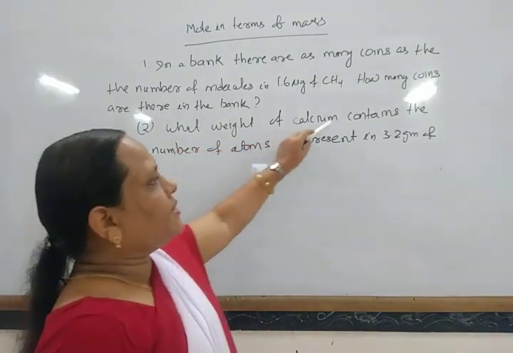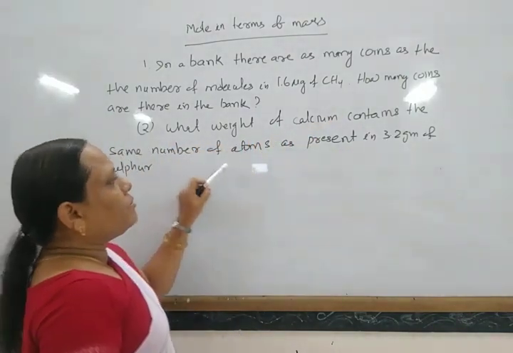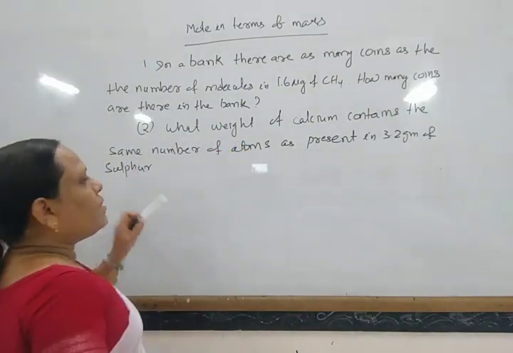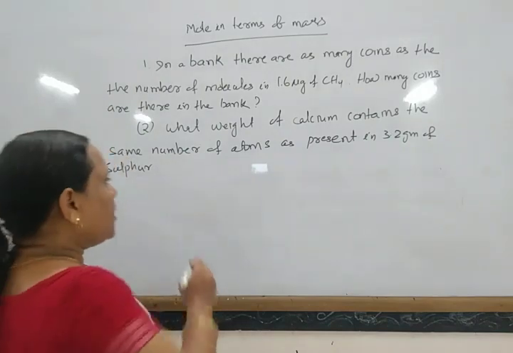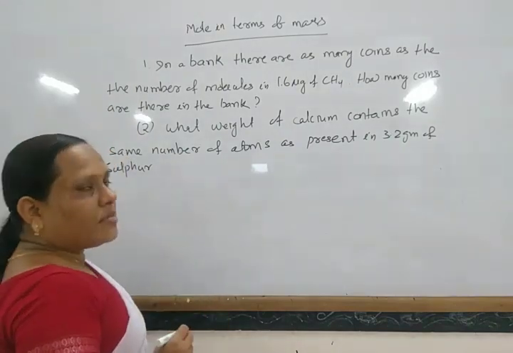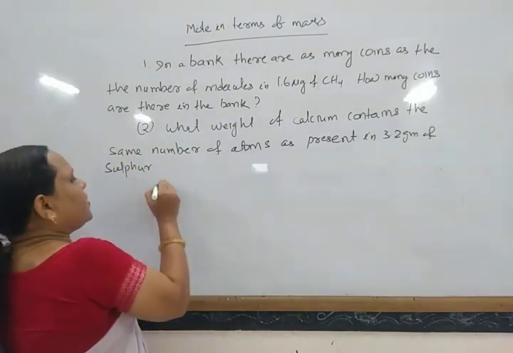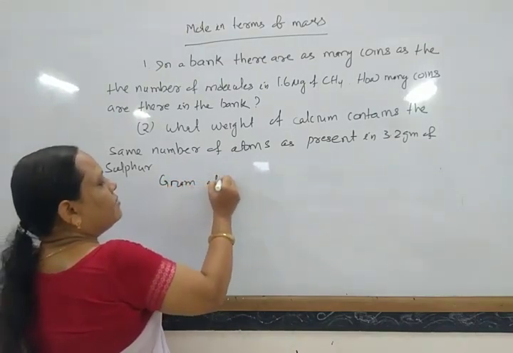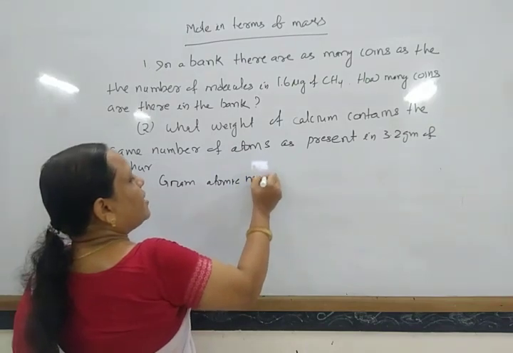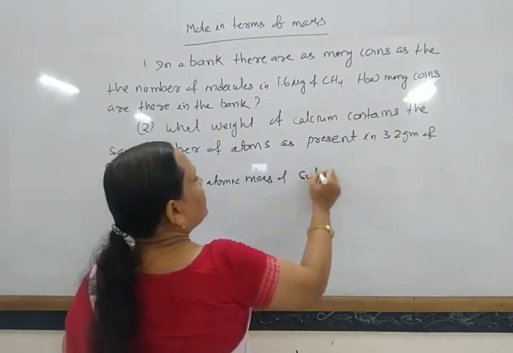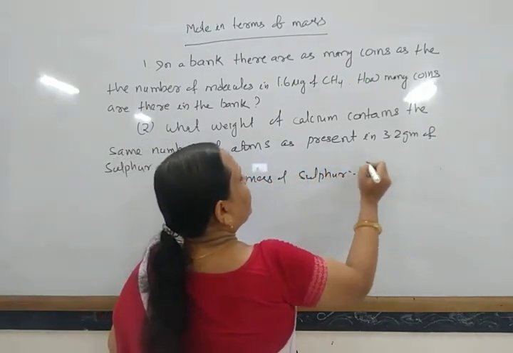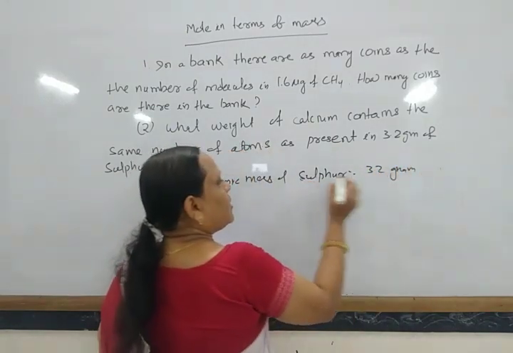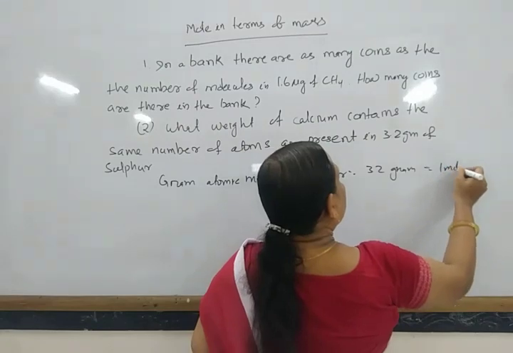What weight of calcium contains the same number of atoms as present in 3.2 gram of sulfur? So, the gram atomic mass of sulfur is 32 gram, that is equal to 1 mole.